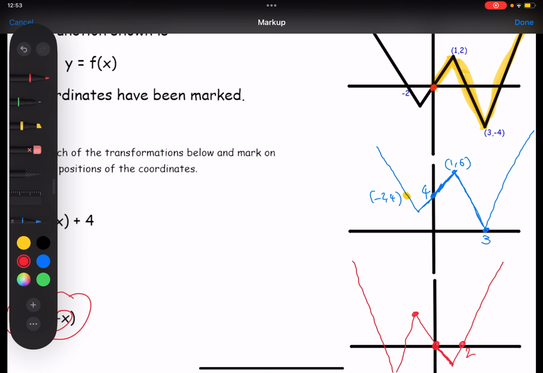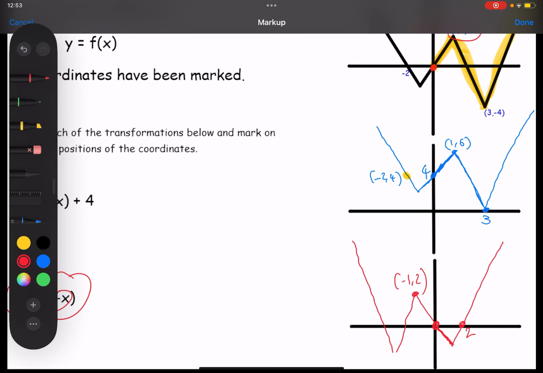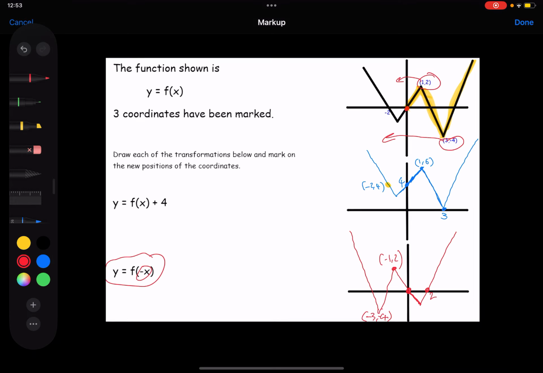Where this is now the point -1, 2. It's this point that's got reflected over. I've divided the x coordinates by -1. And this point here is going to be the coordinate -3, -4, because again, I've just reflected that point over in the y-axis. I've just divided the 3 by -1.